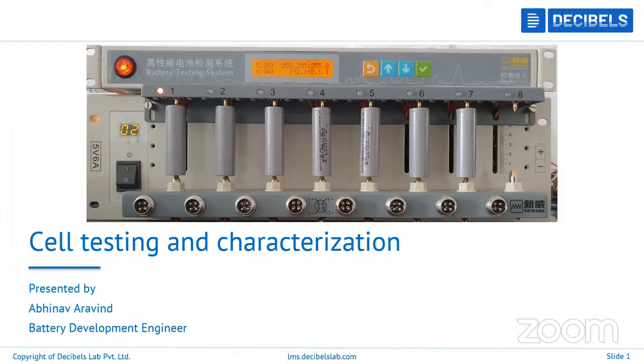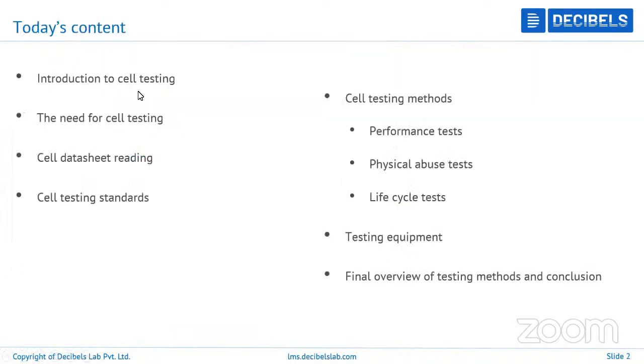Let's take a brief look at today's agenda. We'll start with an introduction to cell testing and the need for it: what is the purpose, why do we do cell testing, and what is its importance. Then we'll go to cell data sheet reading, where we'll see a basic and simple cell data sheet.